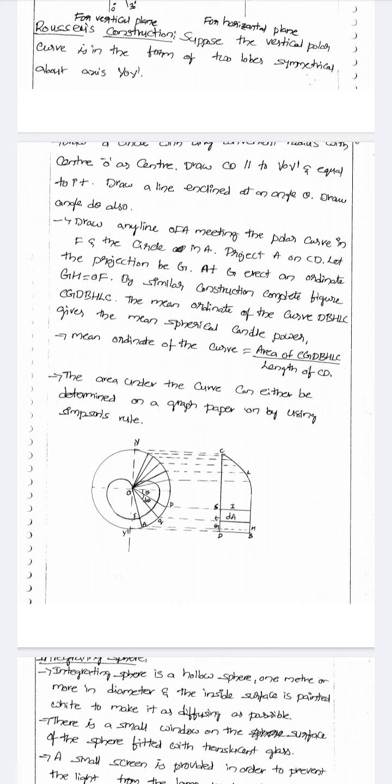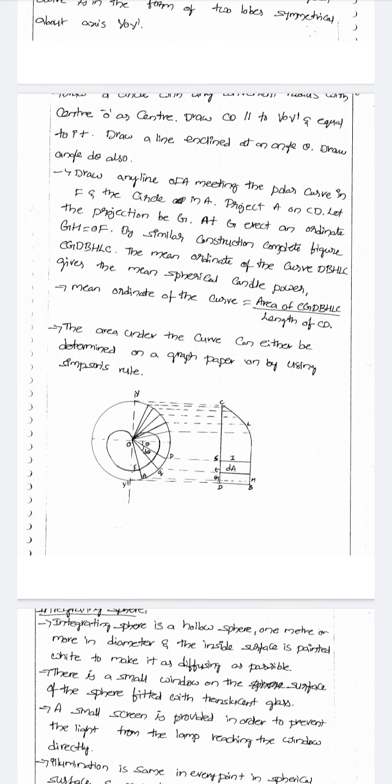Draw any line A. In the figure, the points are named like A, B, C, D. The polar curve is at circular point A, and at G the gradient GH is equal to Y. From these vertical or horizontal values, we need to find the value of MHCP. The base is the MSCP and MHCP concept.